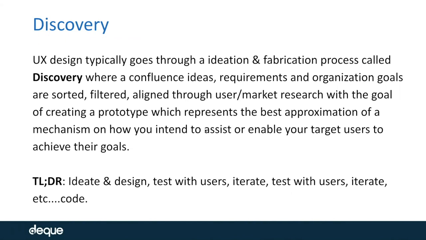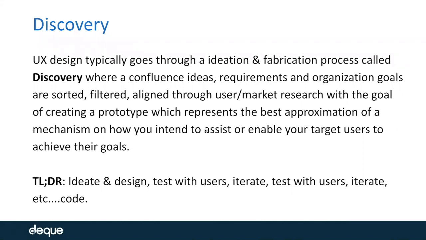It's where we have all the different ideas and requirements gathering. We're doing a lot of research and synthesizing that with the organizational goals, and filtering all of that information. What comes out of it are typically artifacts that allow us to build the system or the features that we're making.